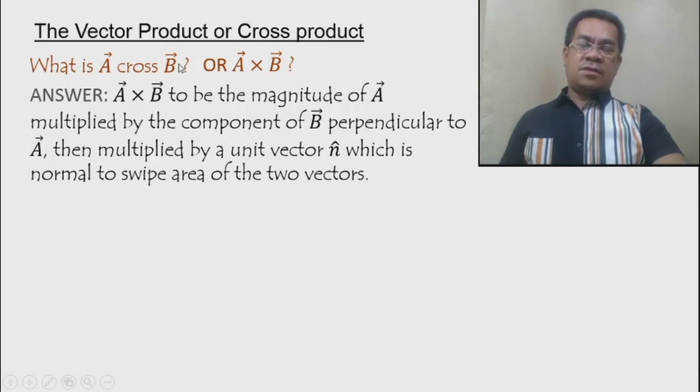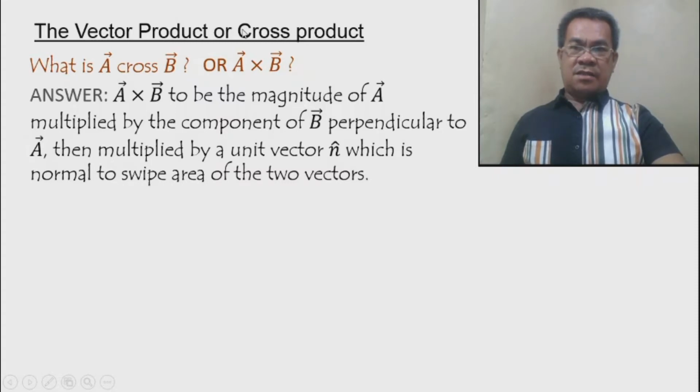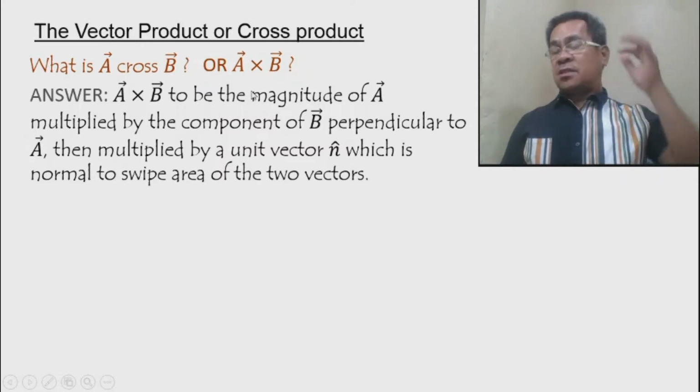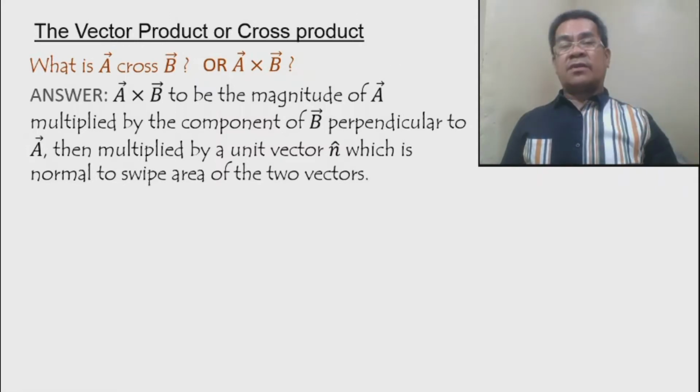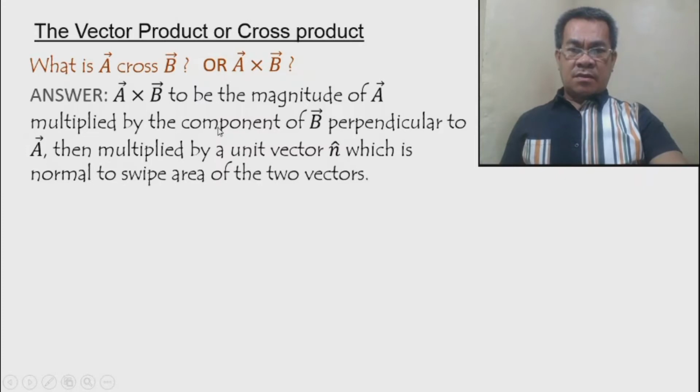So in this case, for the vector product, because of the word vector, the result must be a vector. We can expect that the final answer involves the unit vectors i hat, j hat, or maybe k hat. Another thing is that the product is composed of three factors.